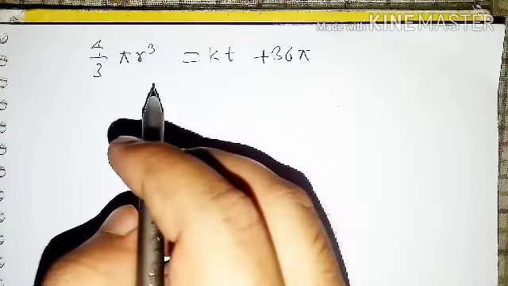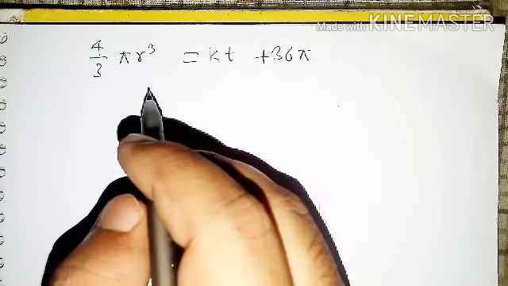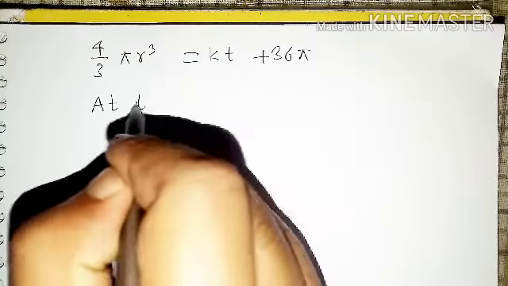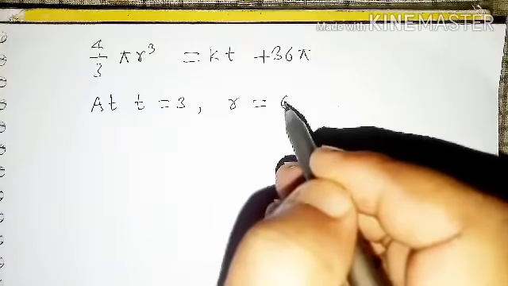It is also said that after 3 seconds the radius becomes 6 units, so at t equal to 3, r is equal to 6.